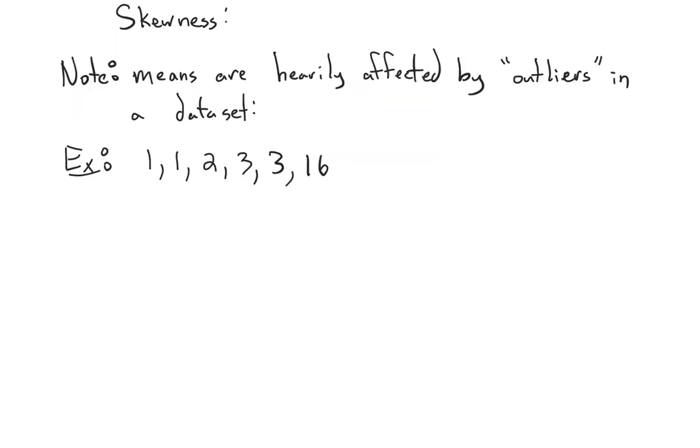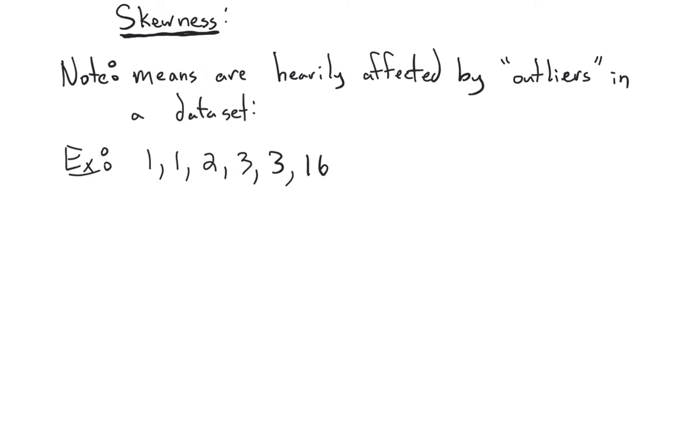A quick note about this idea of skewness. Skewness basically talks about if the data set is shifted to one side or the other, and the mean and the median are affected by this. Let me give you an example.